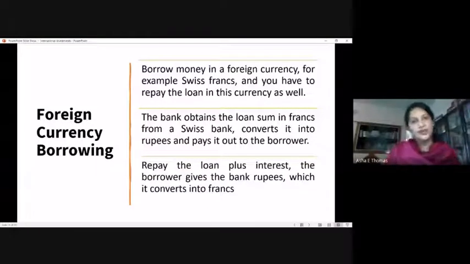The broader difference between these two is that this will happen in foreign currency, so conversion to the local currency is always mandatory, and the payment of principal and interest also will happen in the foreign currency, in this example Swiss franc. Okay. So this is an example of foreign currency borrowing.